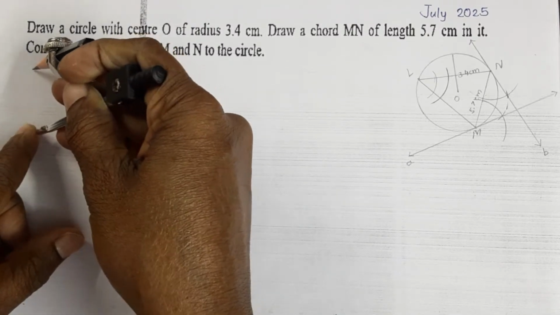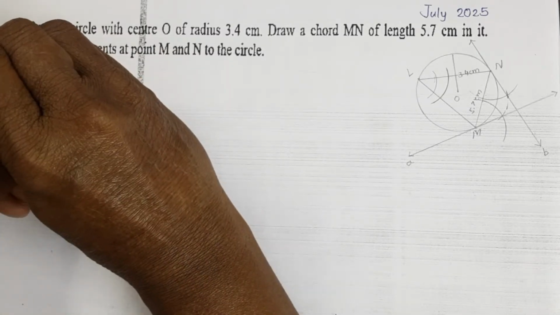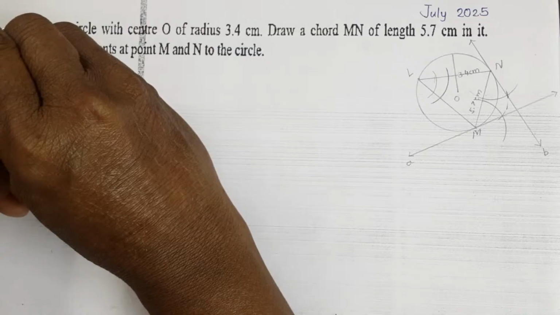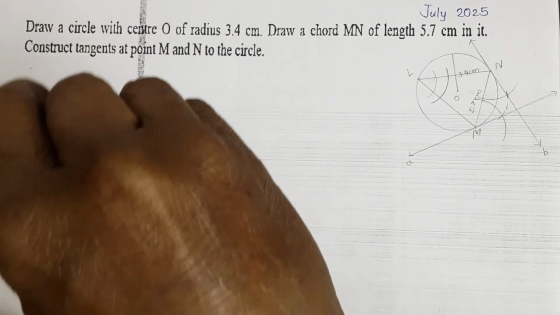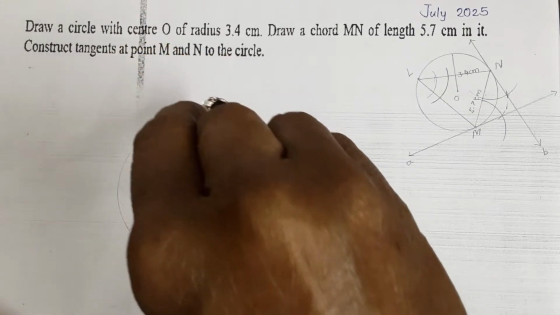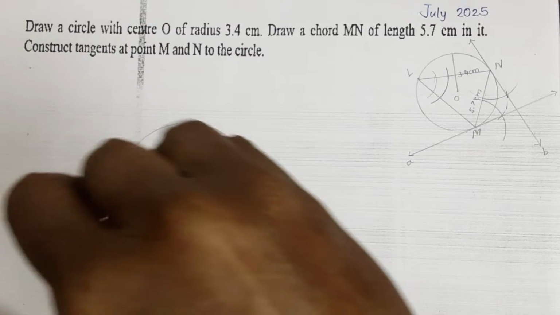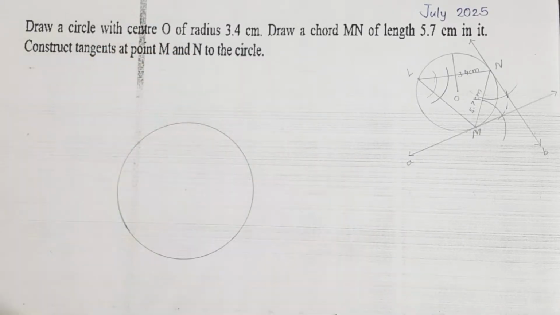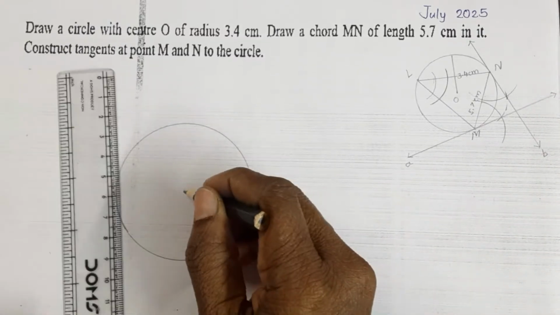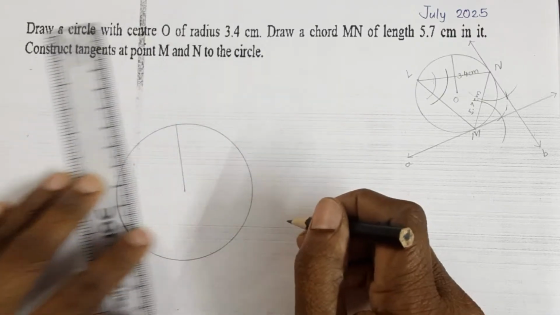So here, this is the circle of 3.4 radius, okay.